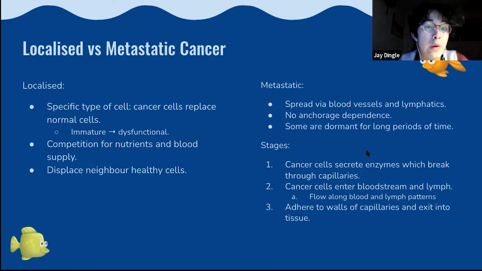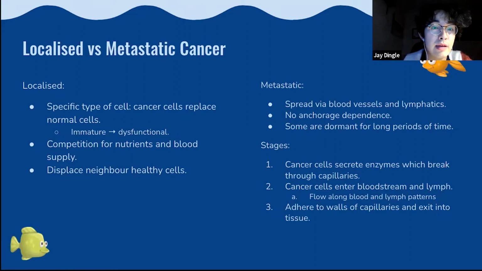So looking at localized versus metastatic cancer. Localized cancer will often involve a specific type of cell, and these cancer cells replace the normal cells. These cancer cells can often be immature, as they haven't had sufficient time to develop during the cell cycle. They just keep replicating, they keep dividing.